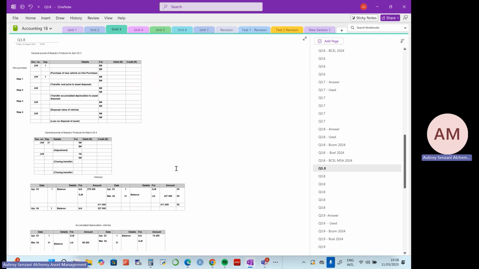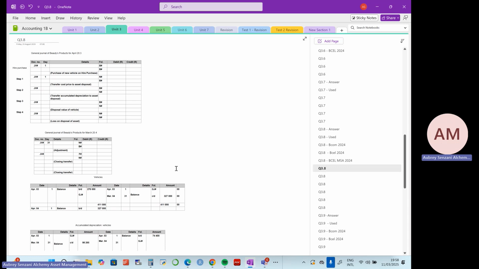Okay, so let's read our question. They say the following balances, amongst others, appeared in the books of Beauty Products on 31 March 2003. Vehicles, 276. Oh, by the way, at the bottom of the question, they said ignore that. So this vehicle is 276. We need not worry whether it's the VAT inclusive or VAT exclusive.